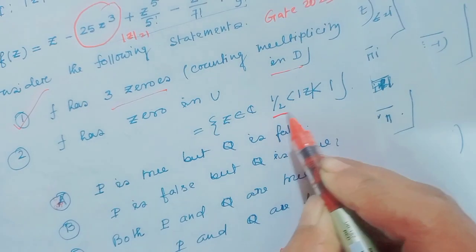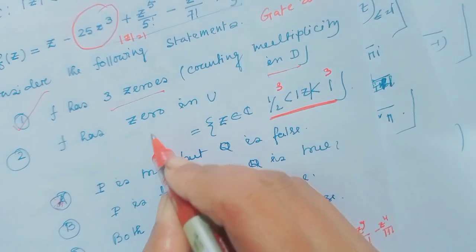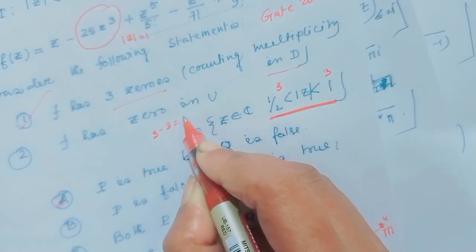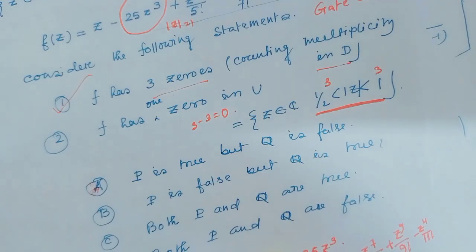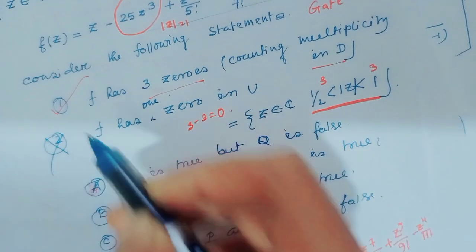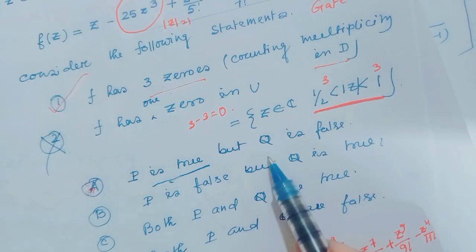Since we have to find in this region, here 3 zeros, here 3 zeros, then 3 minus 3 equals 0. Therefore, no zeros. But option 2 says f has 1 zero in U. That means this is the wrong option.